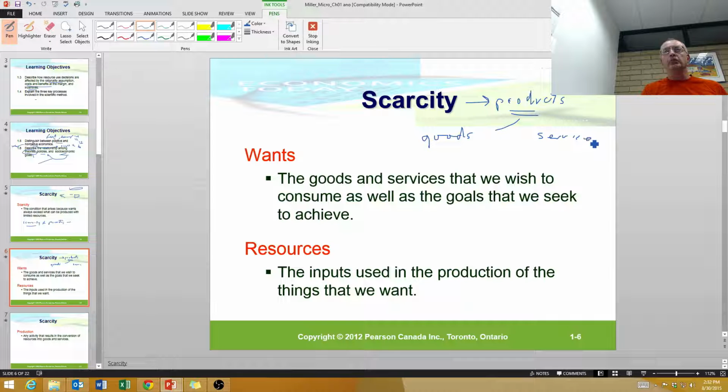So both goods and services can be products. Goods mean something that's tangible, which simply means something that we can see with our eyes and touch with our fingers. And services are by definition intangible.